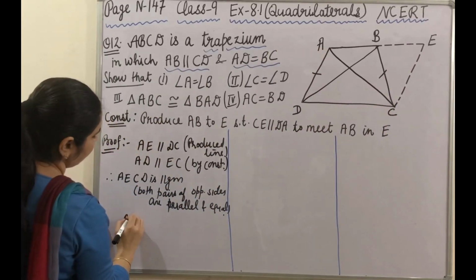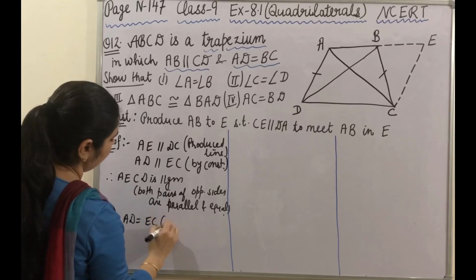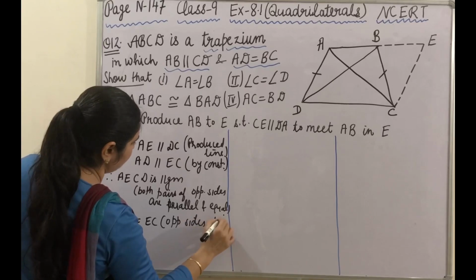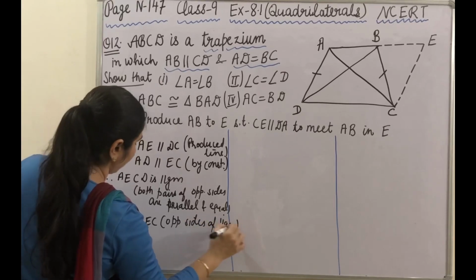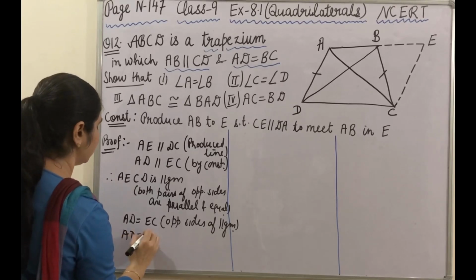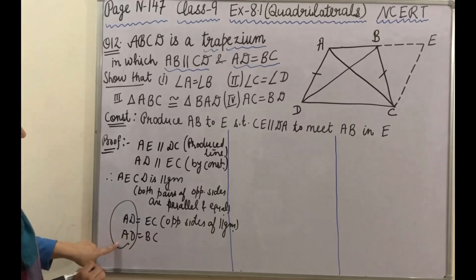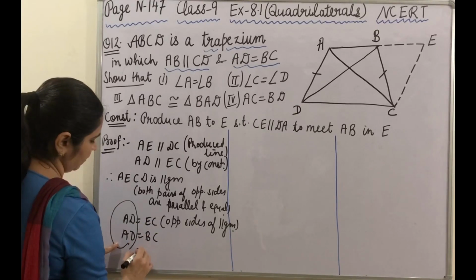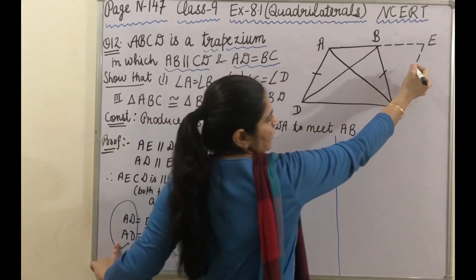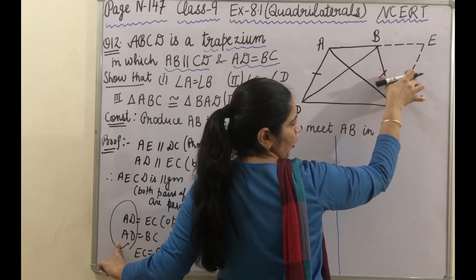So AD is equal to EC, opposite sides of parallelogram. And already one condition is given, AD is equal to BC. AD is the same, so I can write EC is equal to BC. These two lines will be equal.